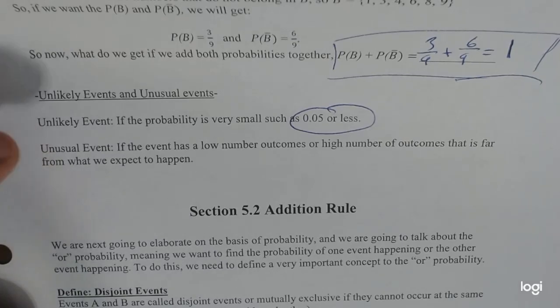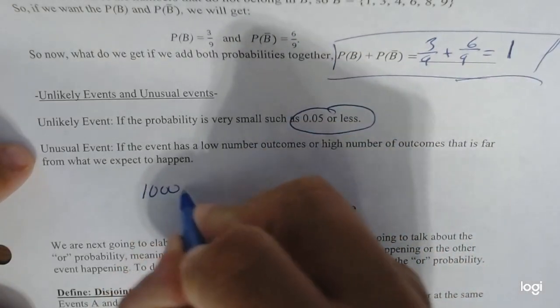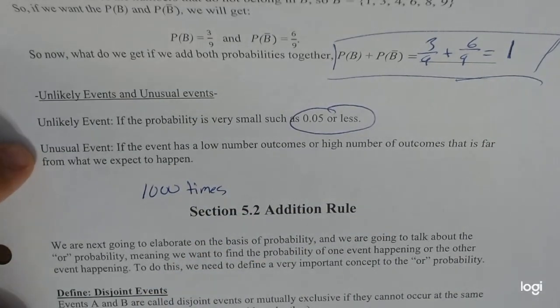An unusual event is a little tricky though. An unusual event is when the number of outcomes is low or high, far from what you expect to happen. Let me give you a quick example. Let's suppose I toss a coin 1,000 times. Since it's 50-50, you probably expect about 500 heads and 500 tails.